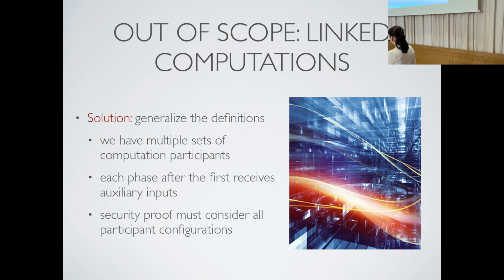Another issue is that after the first phase, we have some memory in the system, or maybe there were outputs of the first phase that are not explicit inputs into the second phase, but they become auxiliary inputs into the second phase, and there are other phases as well.